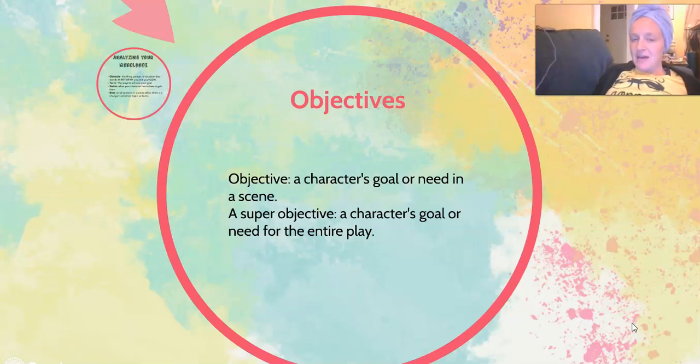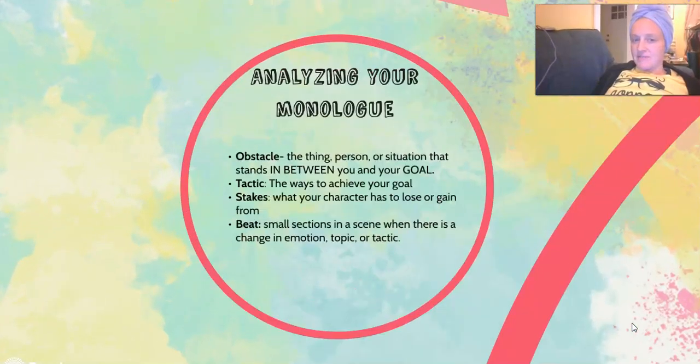I want you to keep that at the forefront of your mind. What does the character want? What is their purpose in this scene? Sometimes we also talk about the overall purpose in the larger story, and that we call the super objective. But I want you to focus on just the objective. In that scene, in that monologue, what does your character want? So that's going to be a major area of focus.